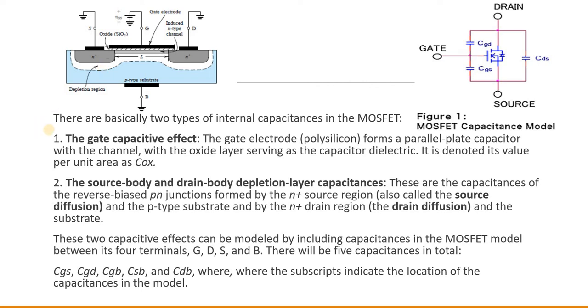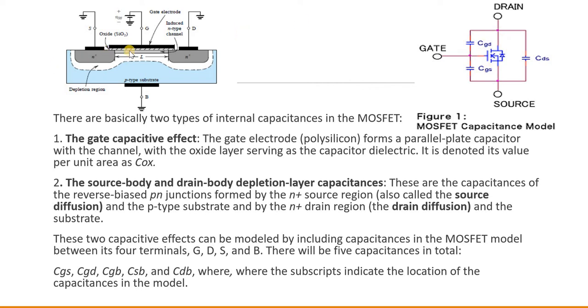So whatever we are going to get here is CGS and CGD, the gate-source and gate-drain capacitances. CGS and CGD are the capacitances of the oxide layer.